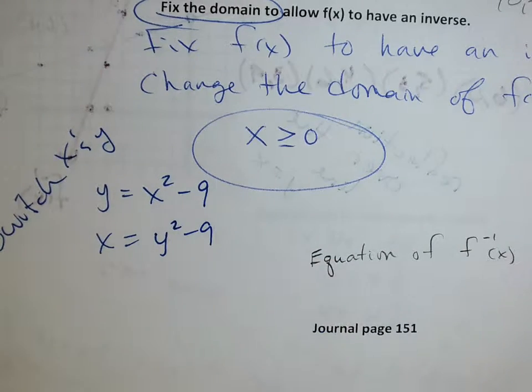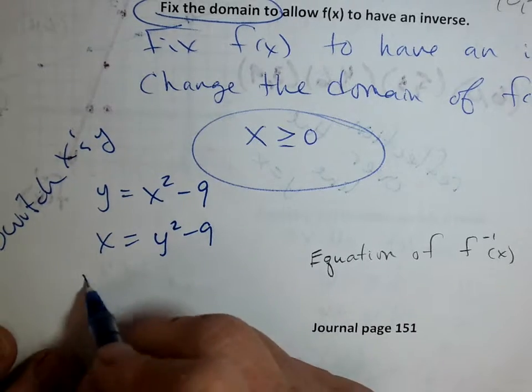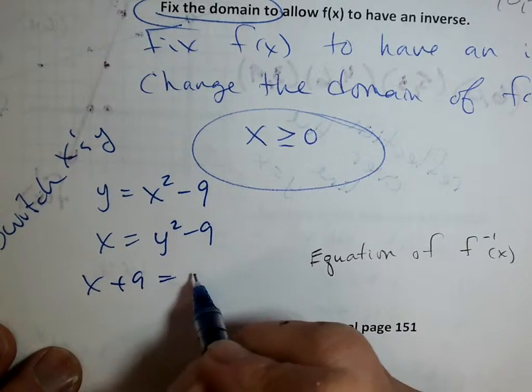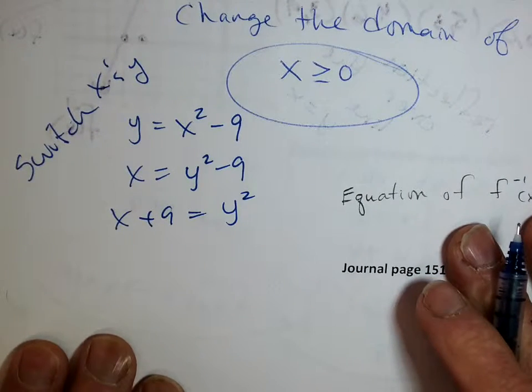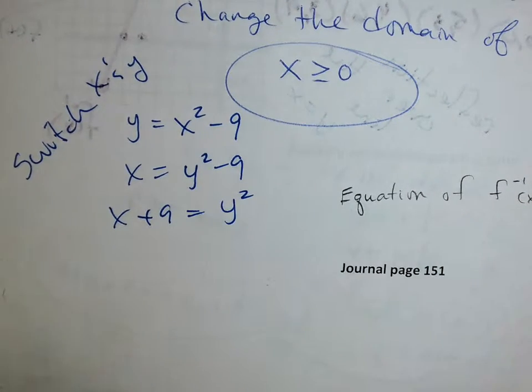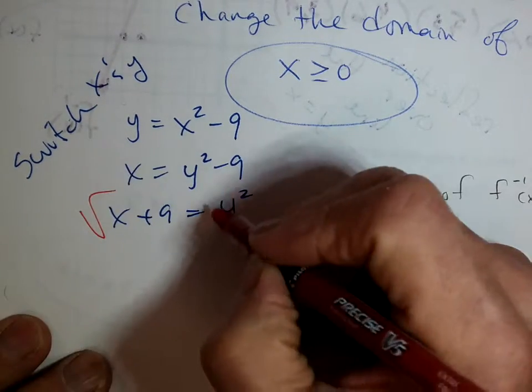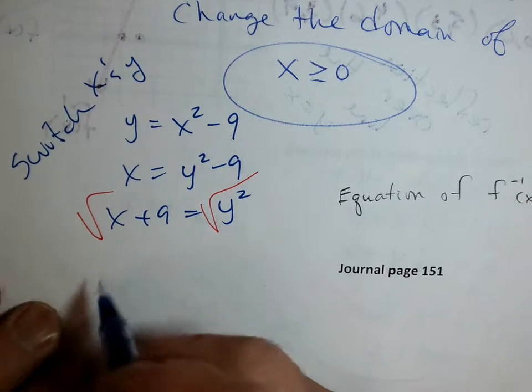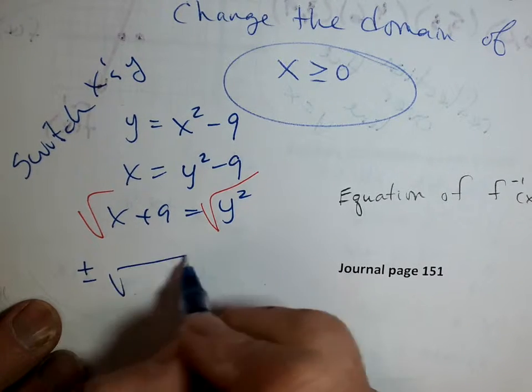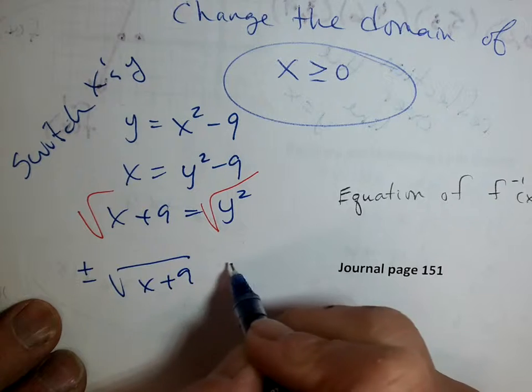Plus 9, right? I get x plus 9 equals y squared. Square root both sides, right? How many answers? Two answers, right? Now here's the deal. You're going to have plus or minus the square root of x plus 9 equals y.